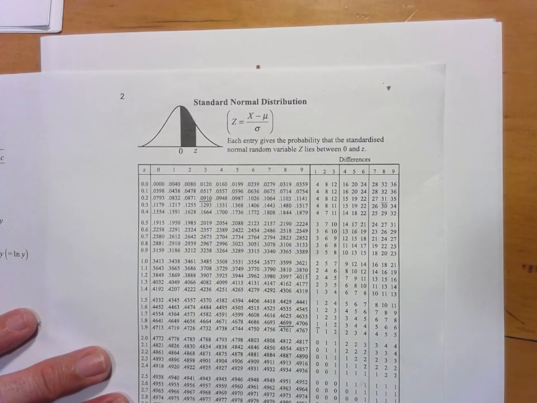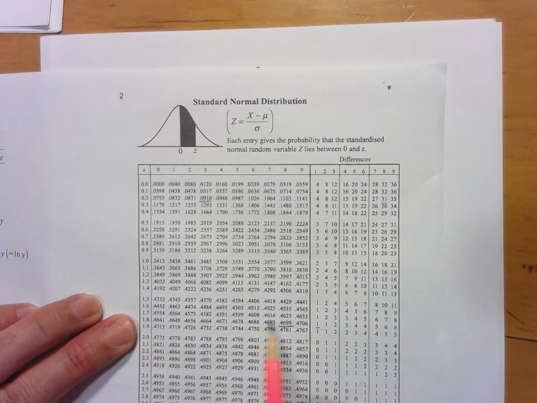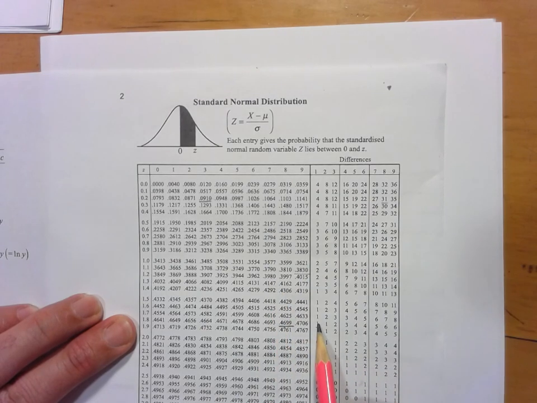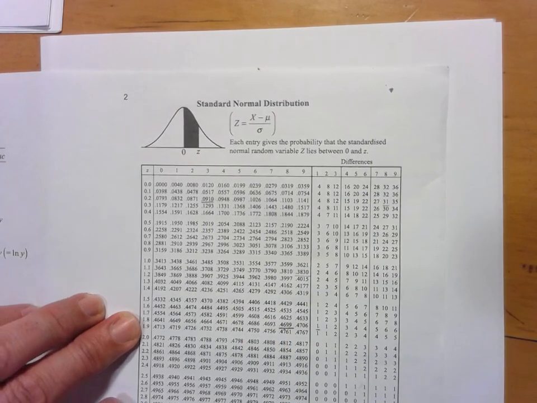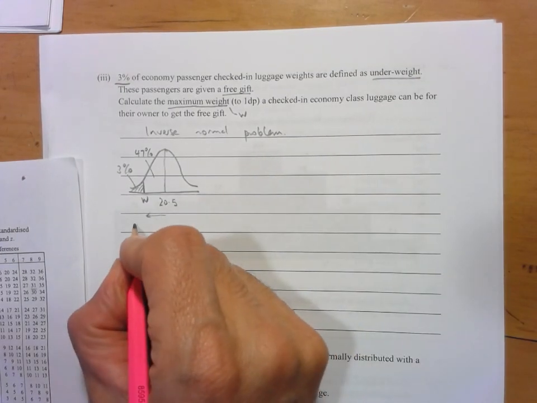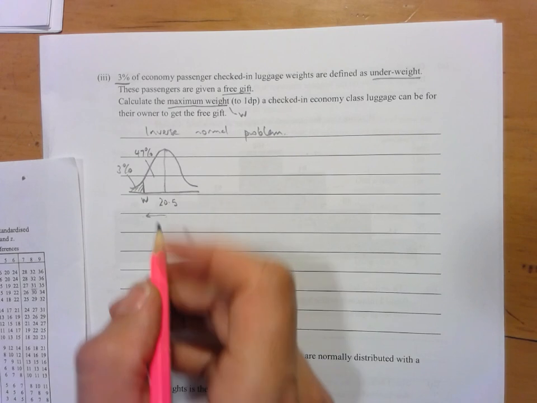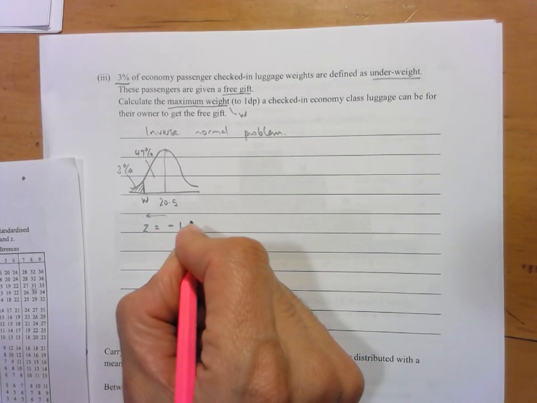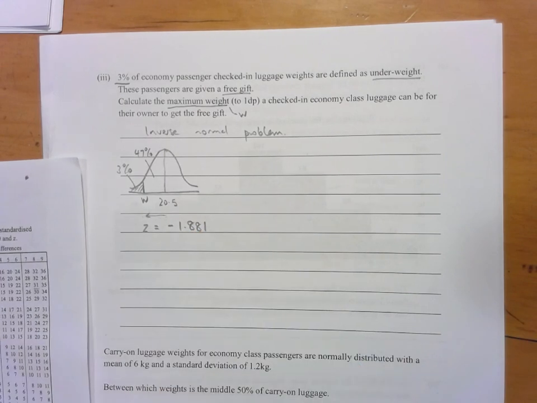Okay, so to get 47%, I need to be 1.881 standard deviations away. 1.881. Now it's going to be negative because I'm to the left of the mean. So my Z value equals negative 1.881.